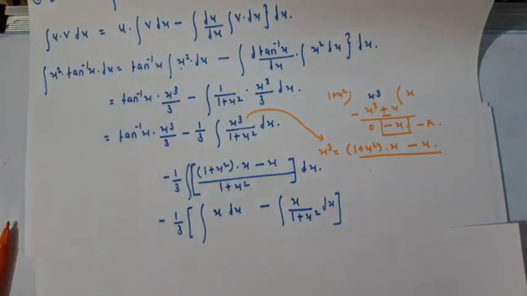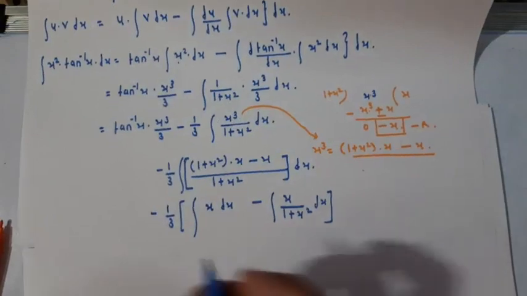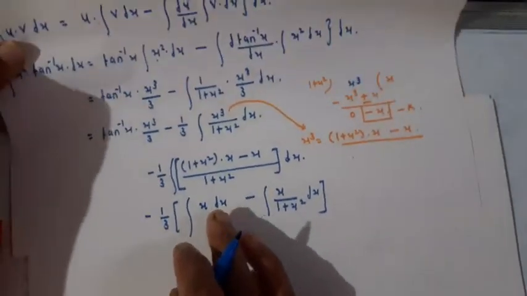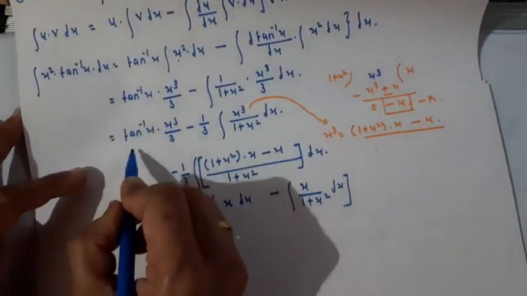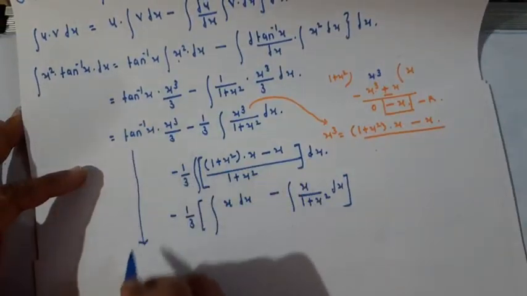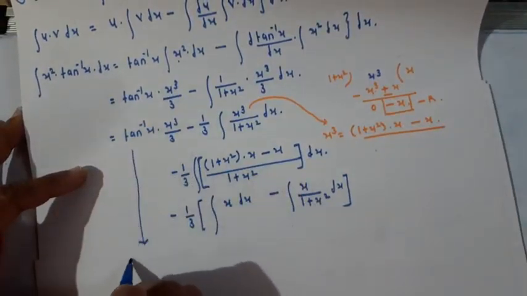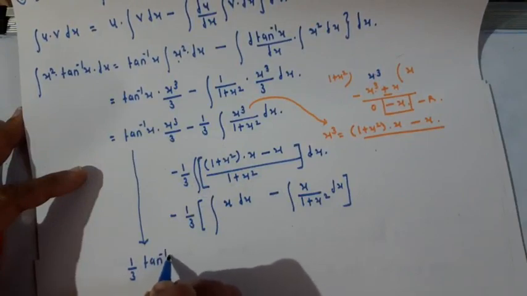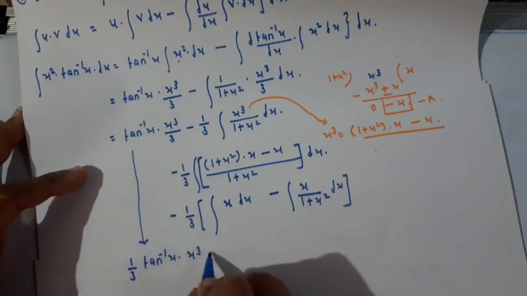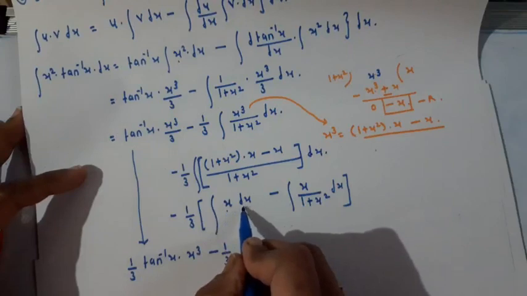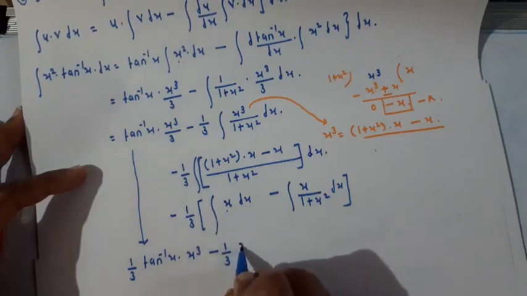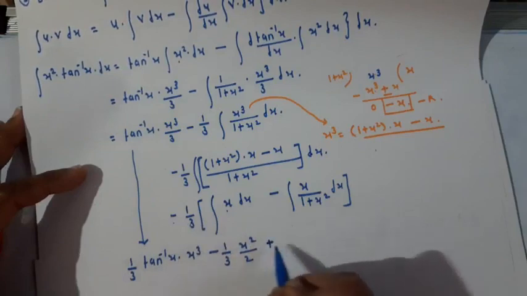Okay, now let us solve. So here the first term of integration is 1 by 3 tan inverse of x into x raised to 3, minus 1 by 3 as it is. Integration of x with respect to x is x square upon 2, minus minus plus.